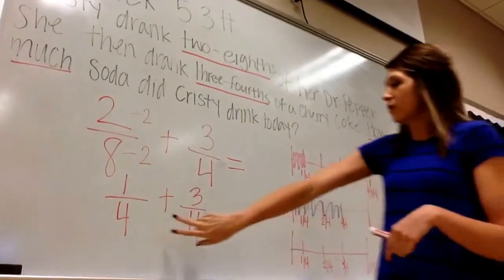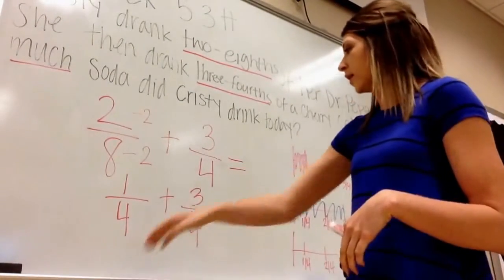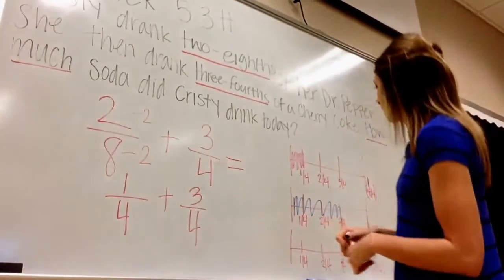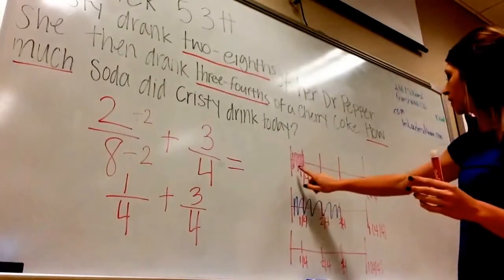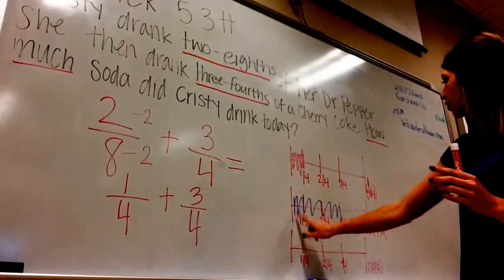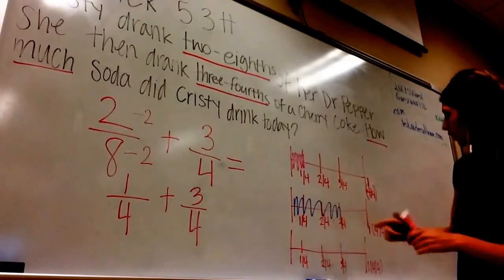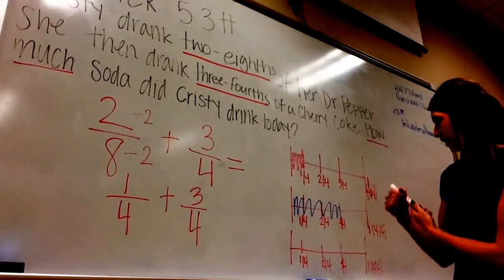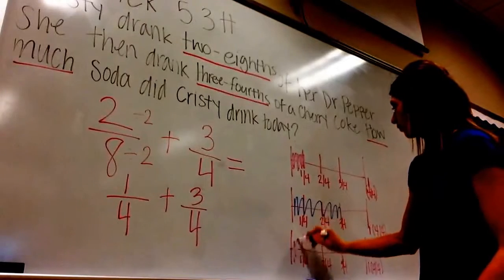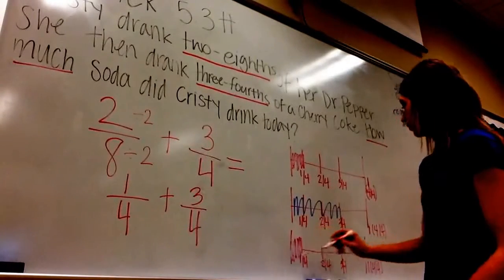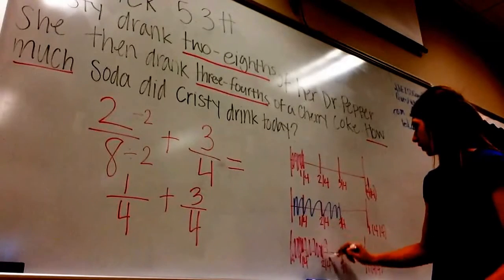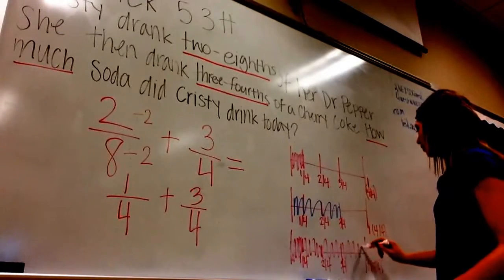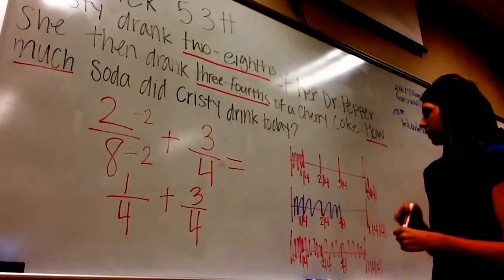And since they do have like denominators, we can count how many parts we have, or how much she drank. So she had 1/4, so we have 1, 2, 3, 4. So let's shade that in down here. The 1/4 because she drank the Dr. Pepper, the 1/4 of Dr. Pepper. And then the 3/4, so 1/4, 2/4, 3/4 for drinking that cherry Coke.